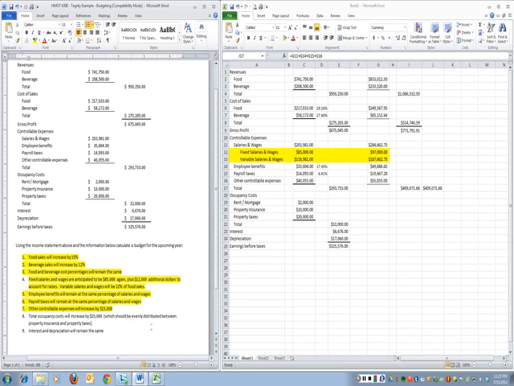Now our total occupancy cost will increase by $15,000. So, which should be evenly distributed between property insurance and property taxes. So there's three total categories with your rent and mortgage, property insurance, and property taxes. So each one of these will increase by $5,000.